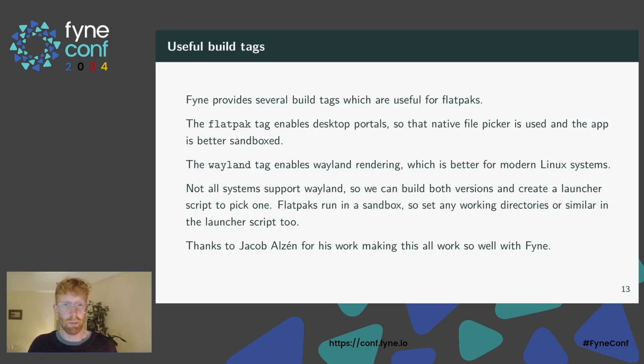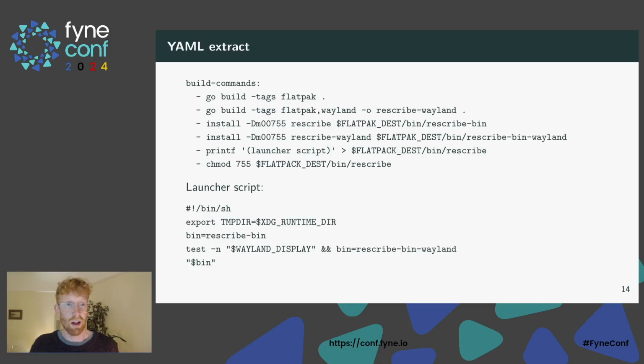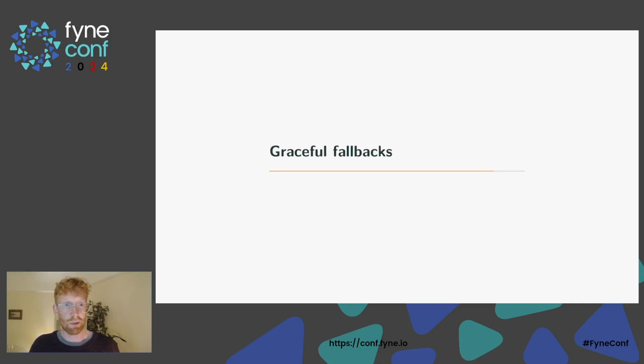So again, you can build both versions and create a launcher script that picks one. Thanks a lot to Jacob Alzén for his work on this stuff. He's made it much nicer in Linux. This is roughly what the YAML looks like for that. Quite straightforward. You can see it combining two different binaries and a launcher script.